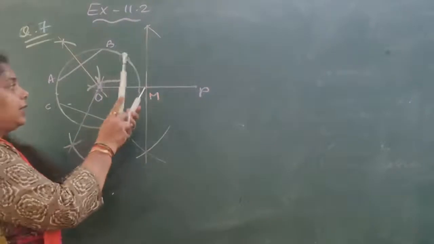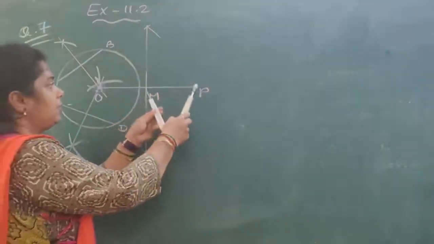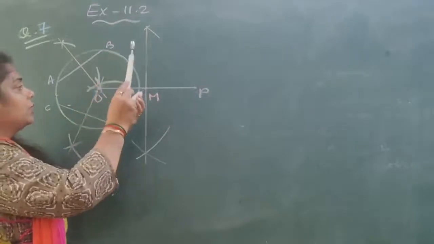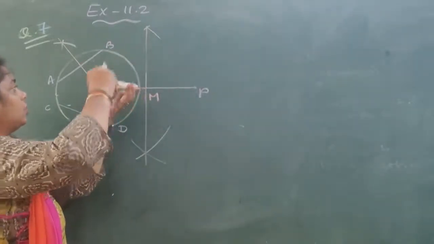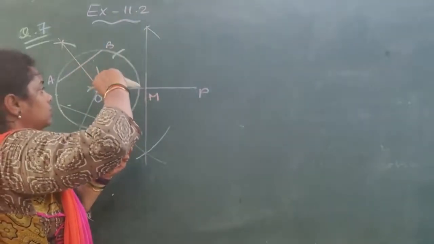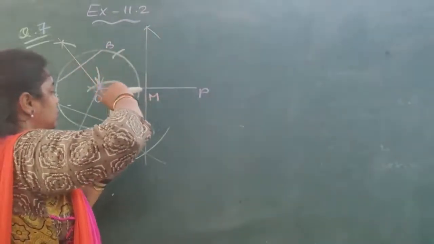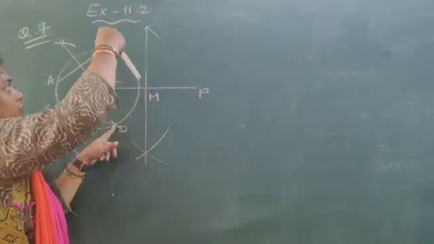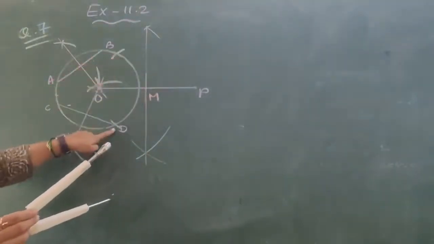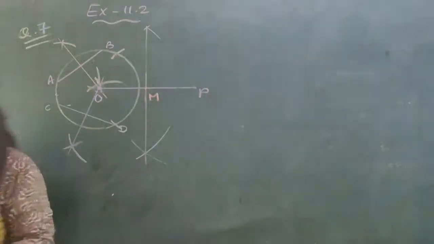Now with center M and radius MP or MO, we can draw an arc on the original circle. So it will give distinct intersection points. Those points we call points of contact.